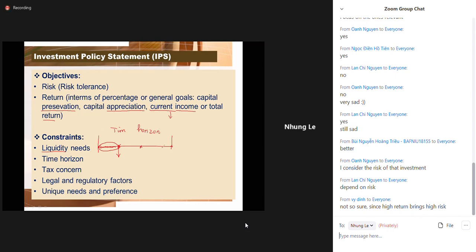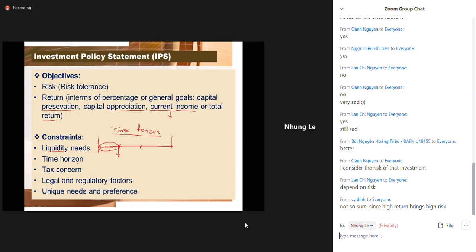The time horizon is longer, larger, and this one surely will influence the strategy you choose. For example, if you choose to invest long term, you have more freedom to choose those stocks with those strategies.